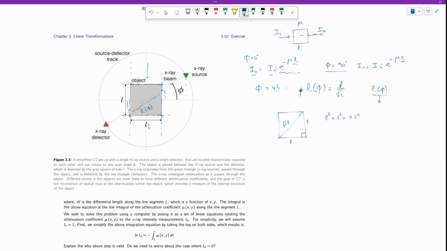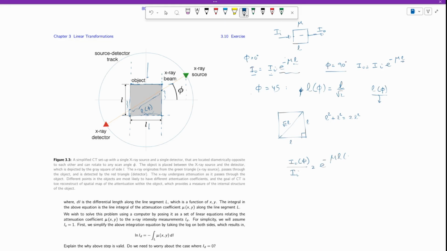And then once you have those points, which will be functions of phi, you know the relationship between L and phi. Once you have L and phi, then you simply know I naught of phi. You know I is fixed. You get e power minus mu L of phi. You substitute for different values of phi.